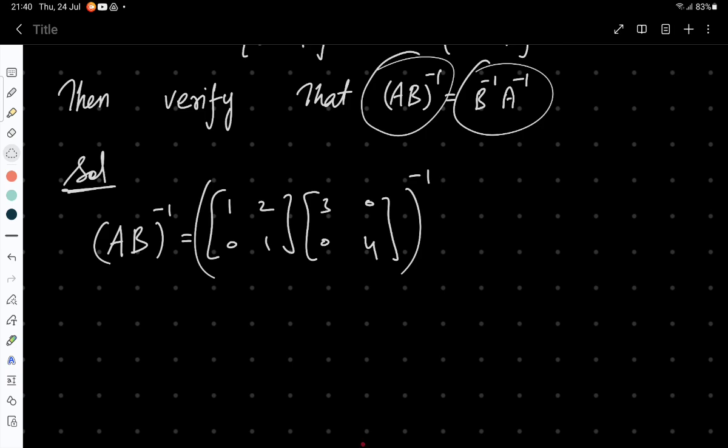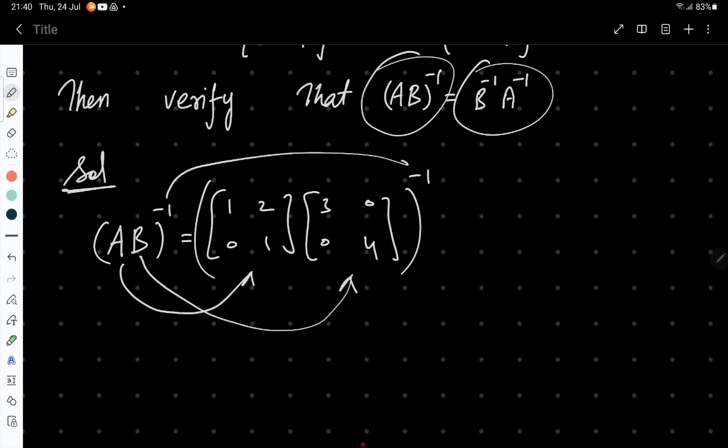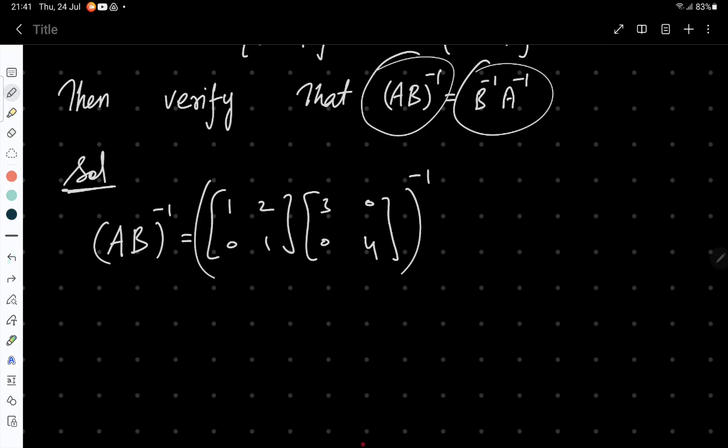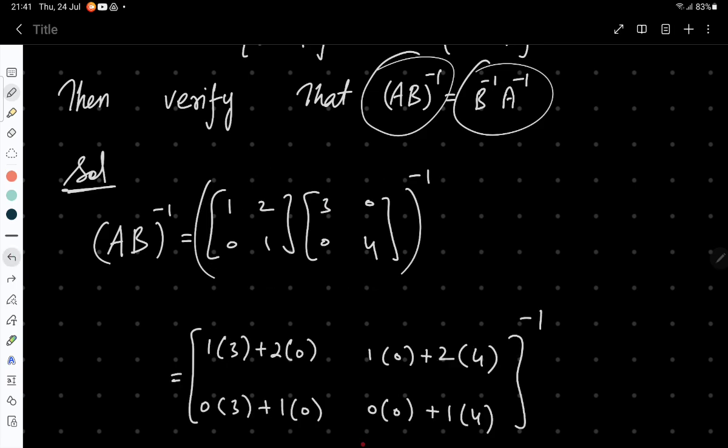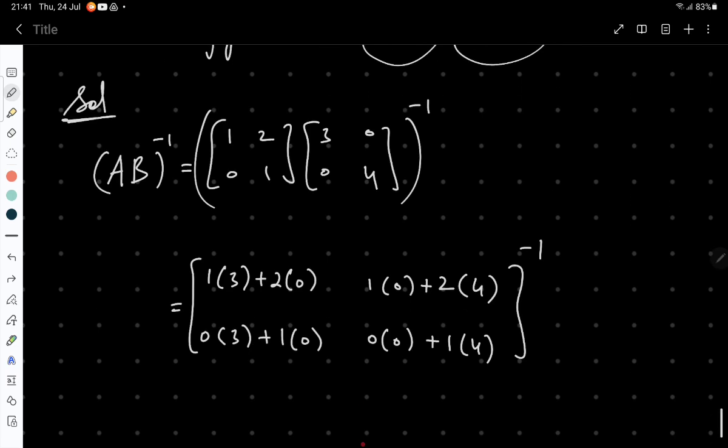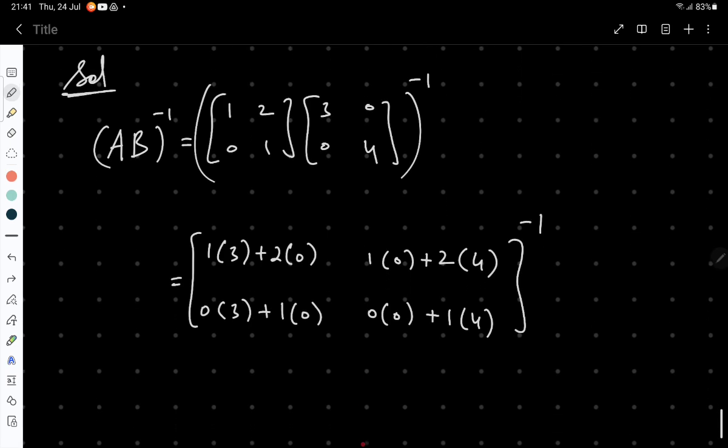In the left hand side, you have this A, then this B, and the inverse. I will multiply first the matrices inside these two. Look at the multiplication. This is the multiplication of the matrices inside.